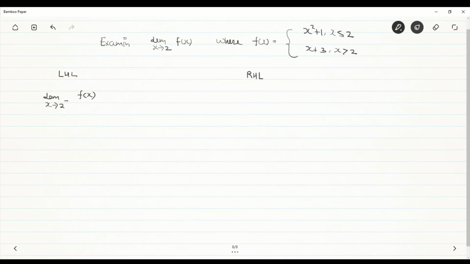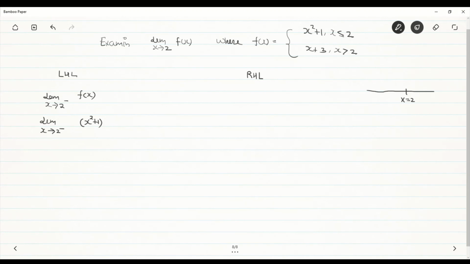To find the left hand limit, we write it like this: limit x tends to 2 minus f of x, which is limit x tends to 2 minus. Now when x is below 2, the value of this function is x square plus 1. So let's make it clear with a number line also. If this is the number line, and this is the point x equal to 2 where we have to examine the limit.